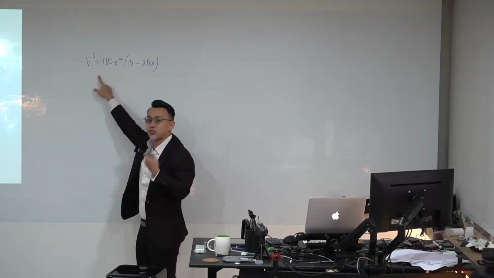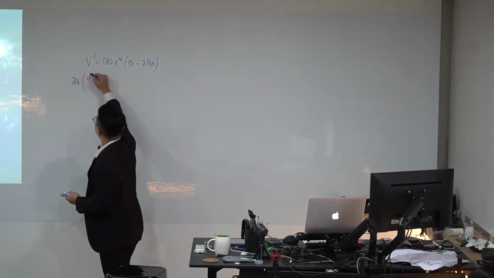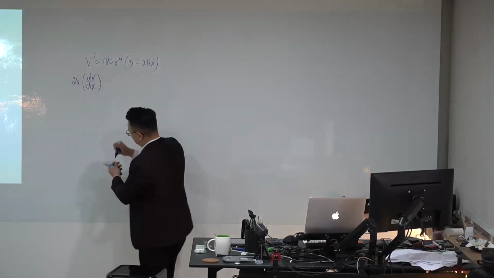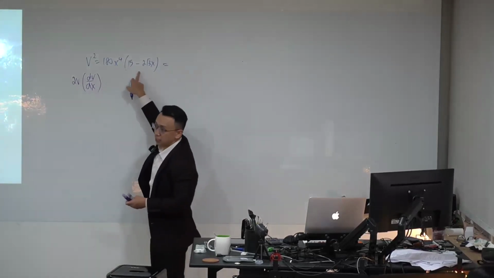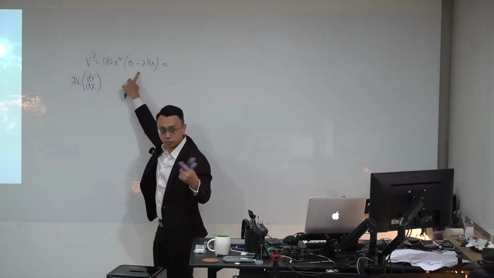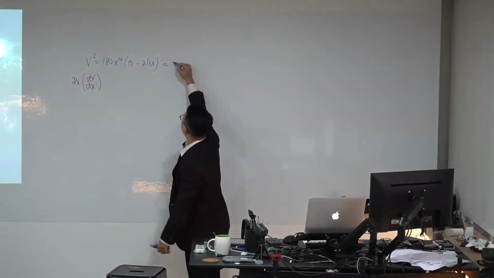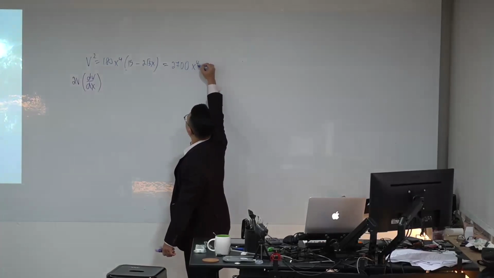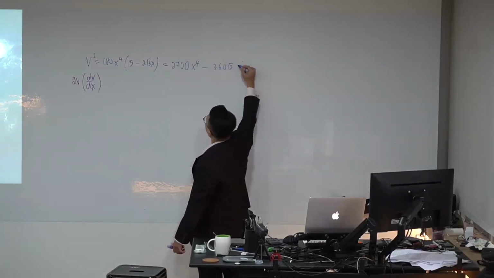But life is so much easier if you differentiate this, then you have 2V dV over dx here. Now you bring in this one, then you will have 180 times 15. Somebody count that, 180 times 15. 2700 x to the power 4, minus 360 root 3 x to the power 5.